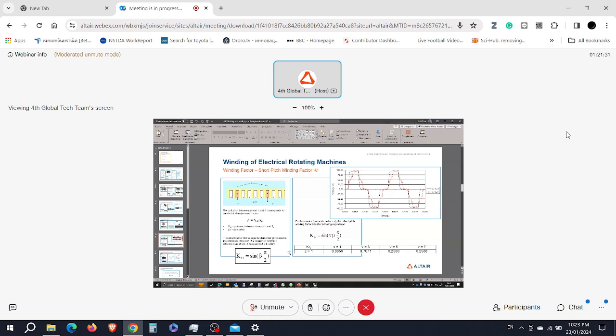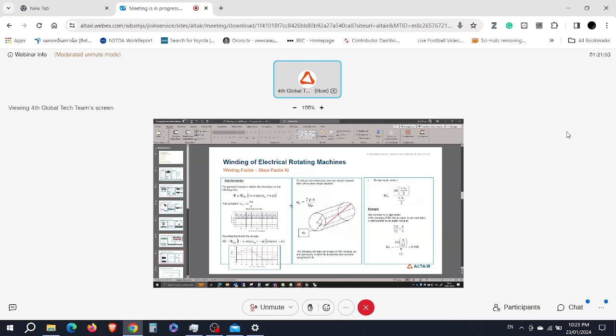Of course, this is given for the fundamental. You can use the same for harmonics as well, but in our case, we will work mainly only on the fundamental.